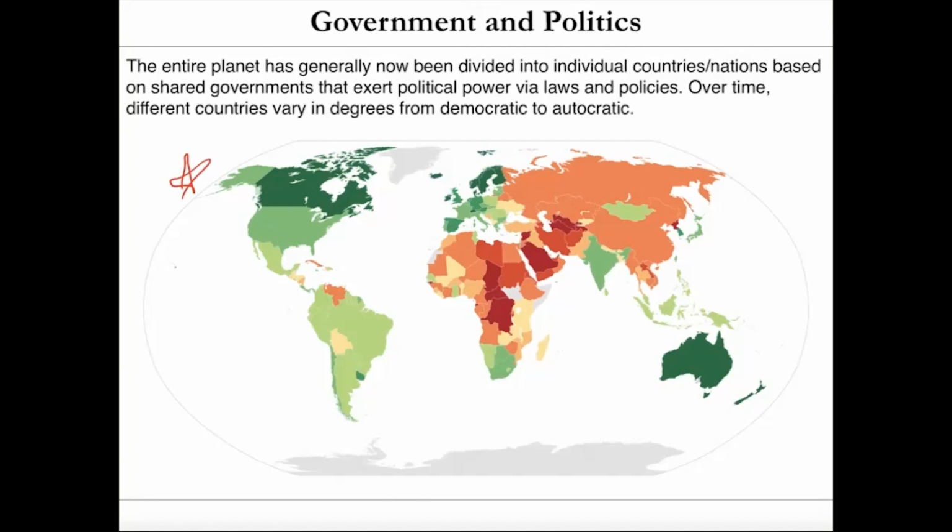But government and politics can also intersect with biochemistry and society. We'll talk about DDT later, which is an insecticide. The United States actually had a ban on DDT through the action of its citizens appealing directly to the government on behalf of the environment.